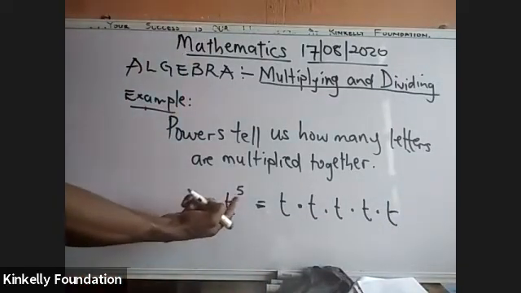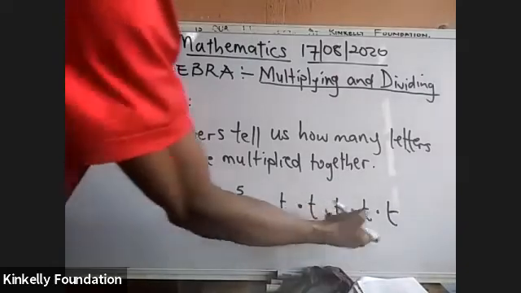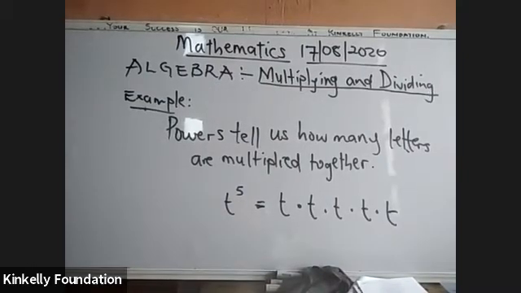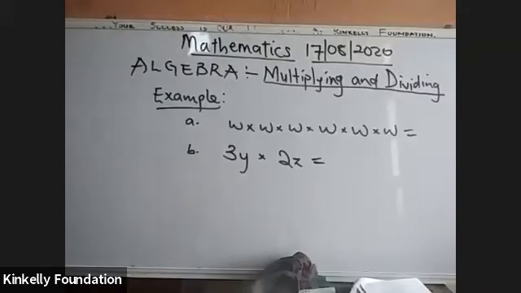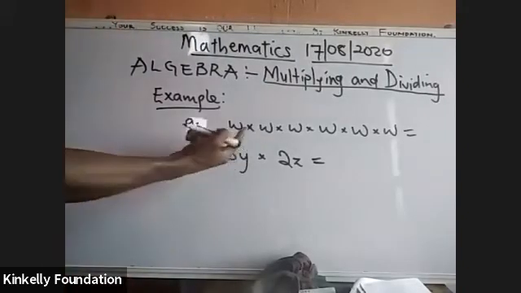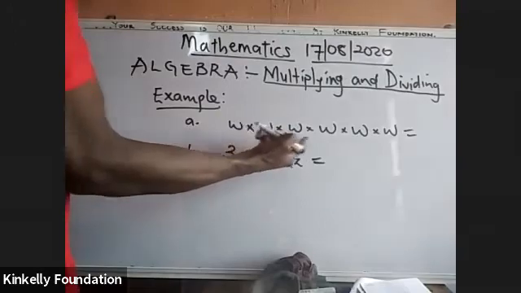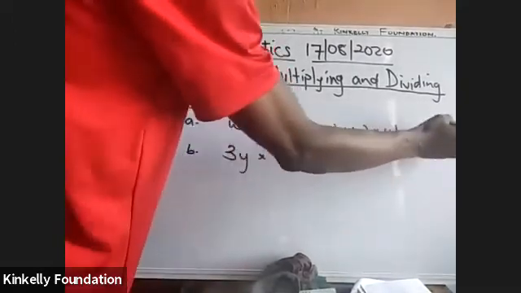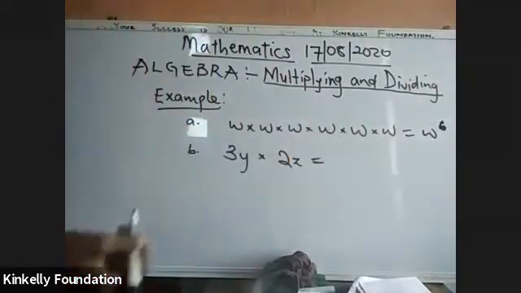You see it? 1, 2, 3, 4, 5. So this is what this means. Now, looking at this one, this is w times w times w times w, which gives us w raised to power 6. There are 6 w's here.